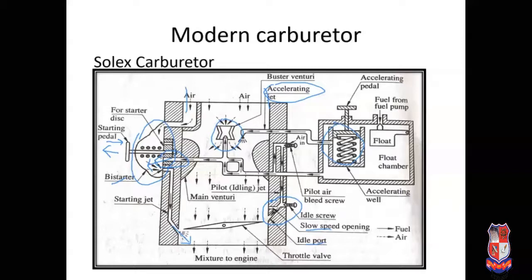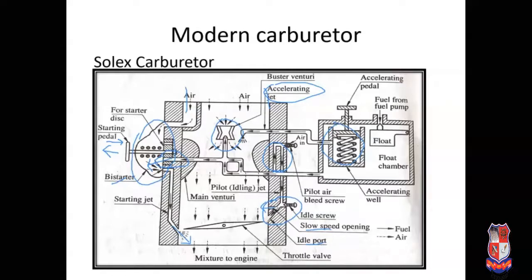Now the next condition, that is the slow speed and idling condition. Idling condition means what? The engine is running, but the vehicle is not moving. That is called idling condition. In idling condition, a rich mixture is required, and that can be supplied with the help of the idle port. The idle port is connected to the main fuel line. There is an additional line, that is the idle line, and another idle line is connected with the slow speed line.